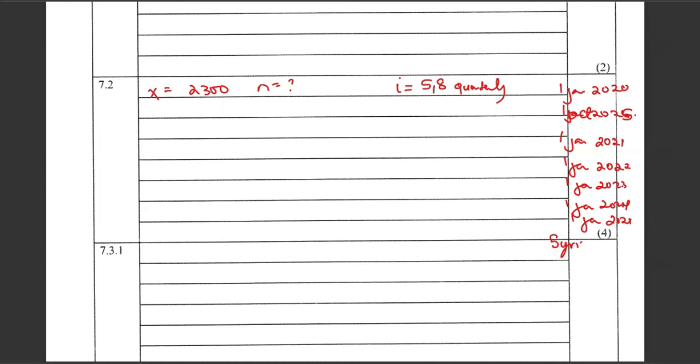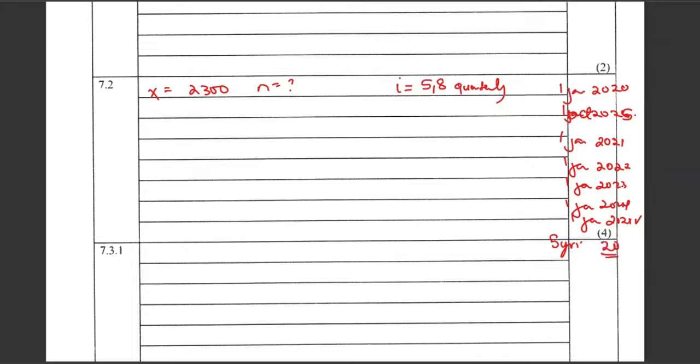Then the 5 years and how many months? Because we're looking at 1st October. When you look at the 1st October and it's being compounded quarterly, let's see. 5 years will have how many quarters? How many quarters are there? So it will be 20 quarters.